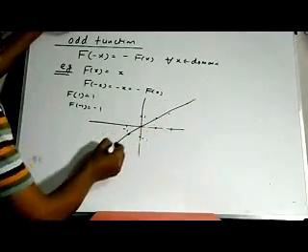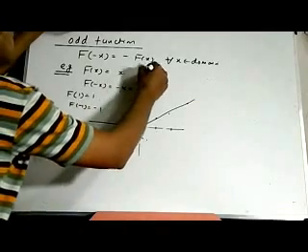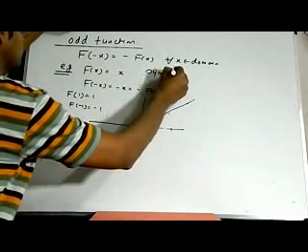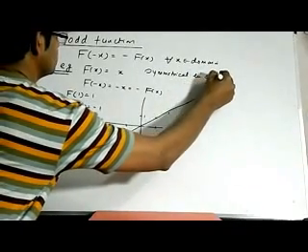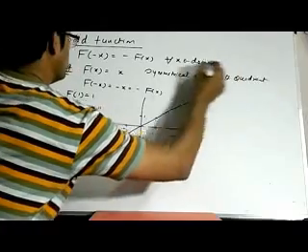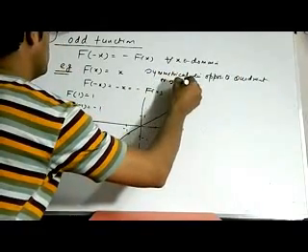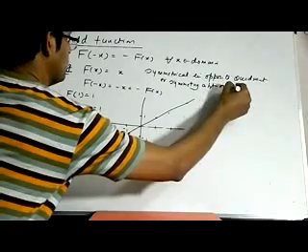So this graph will be like that. So it has a symmetry about opposite quadrant, that is, symmetry about origin.